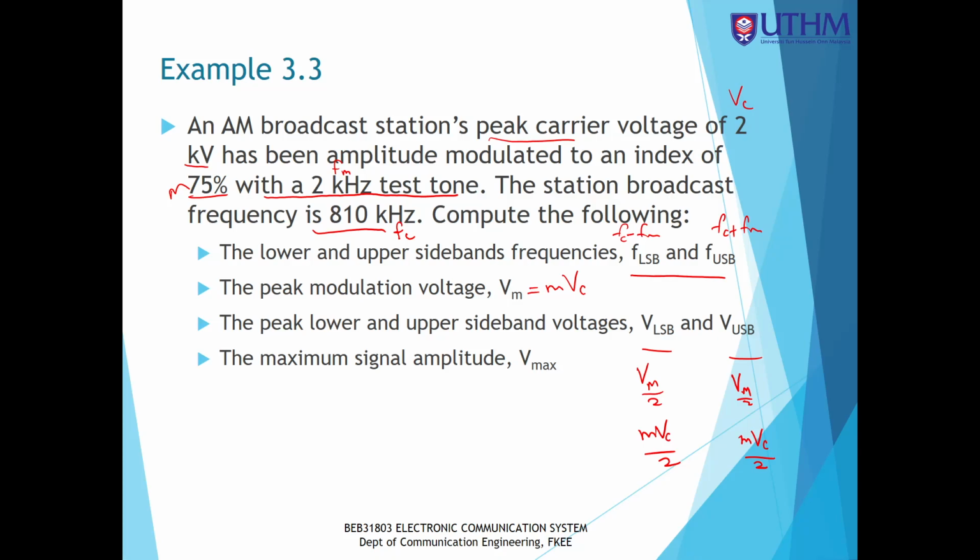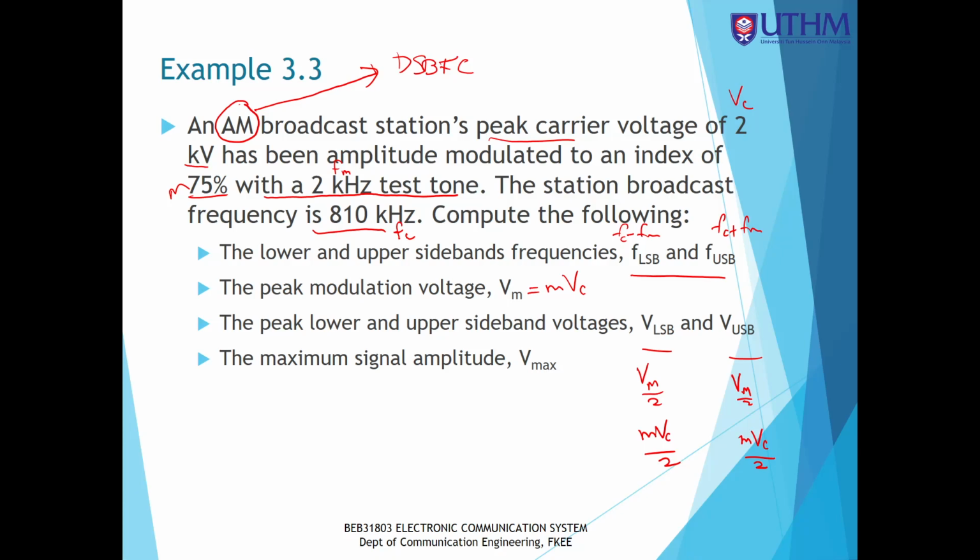Because this is AM. AM is a general term for double sideband full carrier, and in your notes, every time it mentions AM, it is referring to double sideband full carrier, unless it is specifically mentioned as another type of AM, which you will see later.